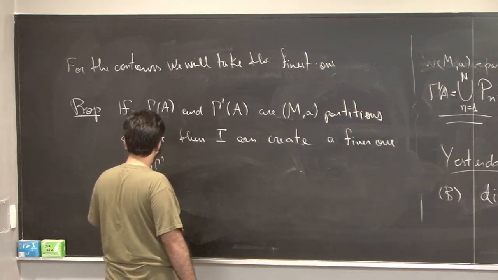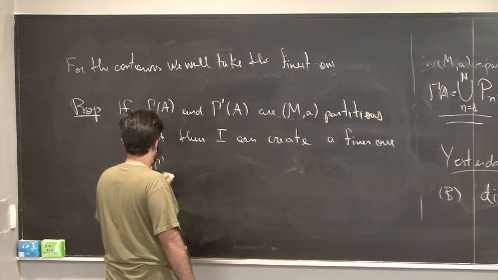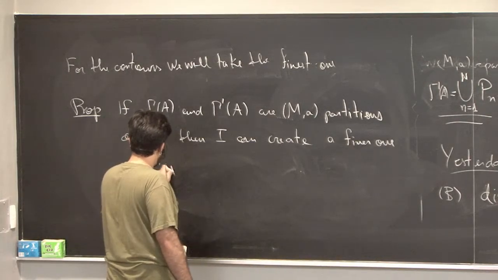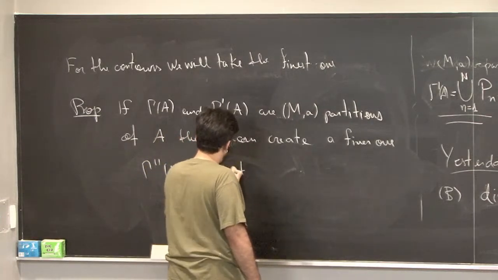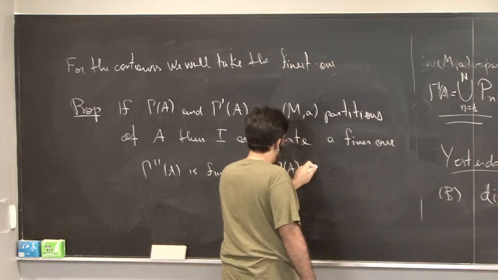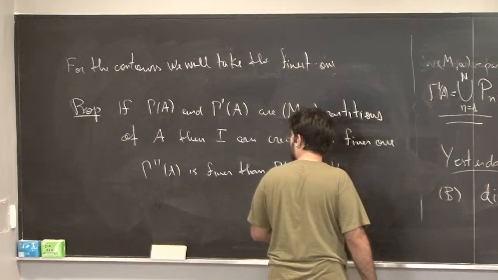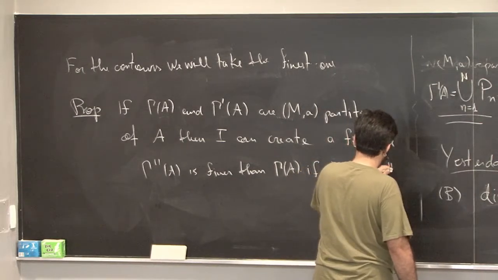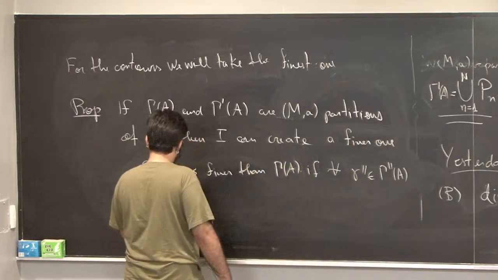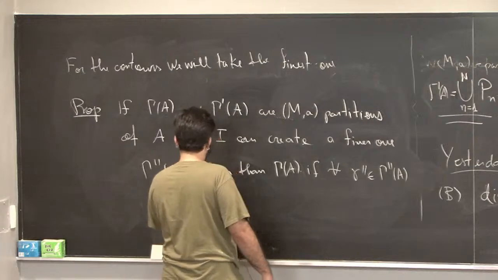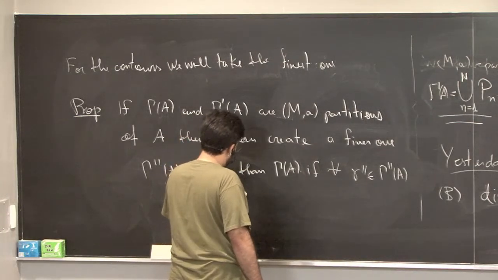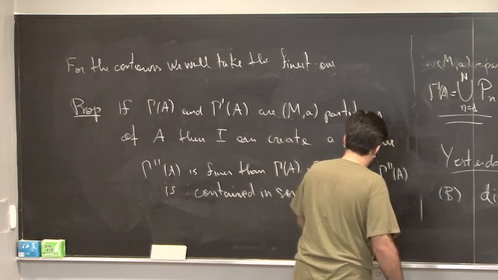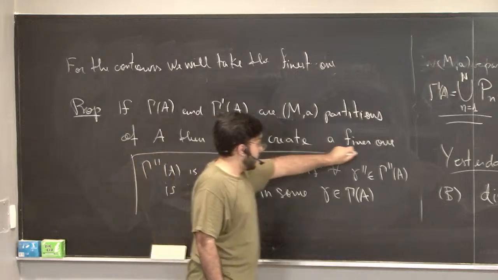What do I mean by finer? Gamma double prime A is finer than gamma A if any element gamma double prime inside gamma double prime A is contained in some gamma from gamma A. This is the sense that I'm using as finer.